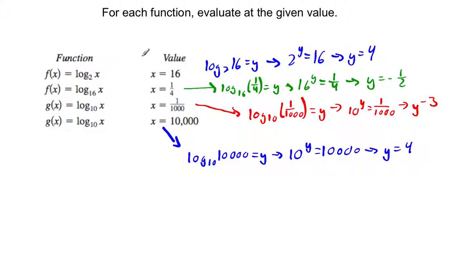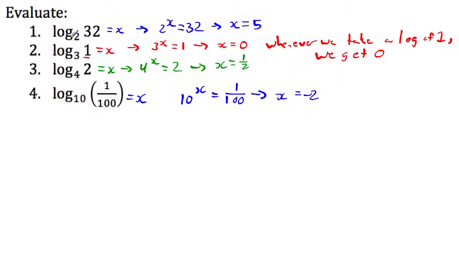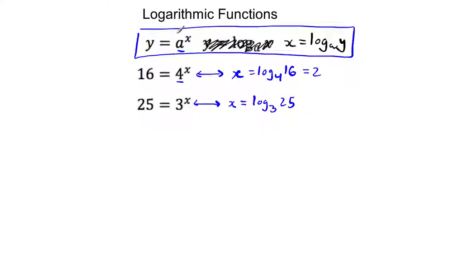Actually, for that first one, I started doing it a different way that I haven't taught you yet, which we're going to go over in the future. There are better ways to evaluate this. But the whole purpose of this exercise is this rewriting, changing these from an exponential form to a logarithmic form.